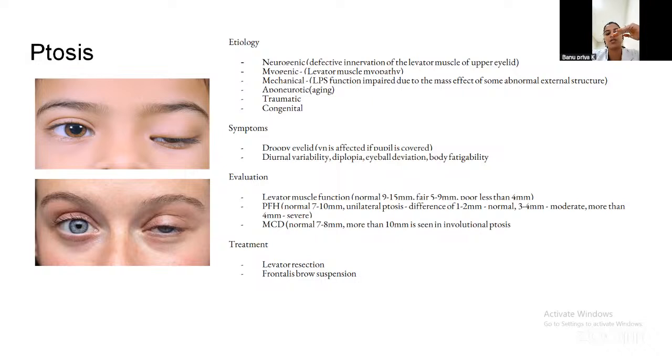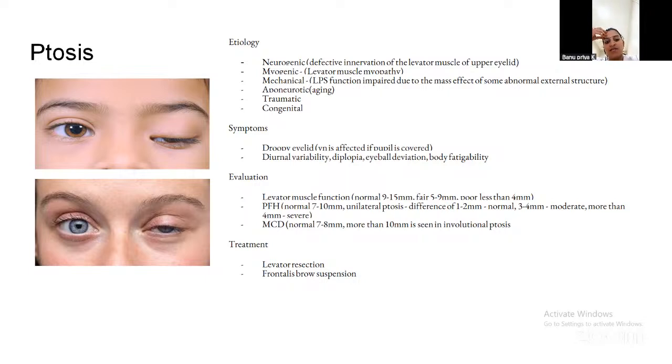Then we ask the patient to look up directly. The distance the lid has traveled from lower gaze to upper gaze is measured. The normal range is 9 to 15 mm. 5 to 9 mm is fair, but less than 4 mm is indicative of ptosis.